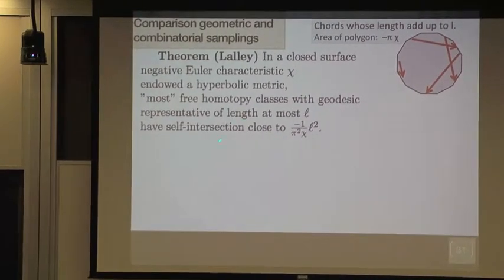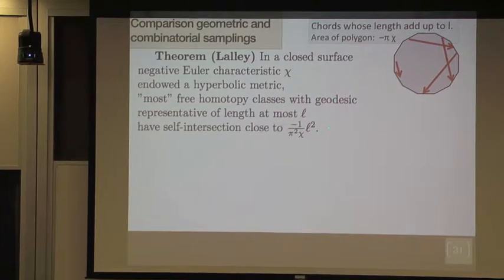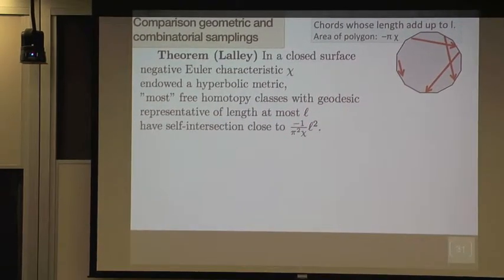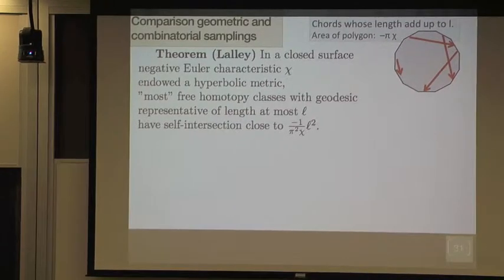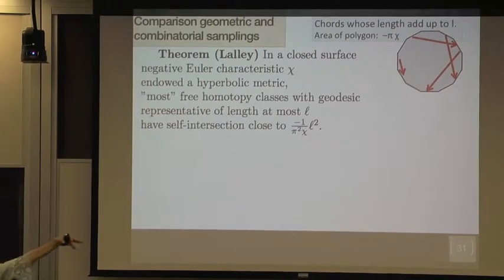What you get, when L is large, is L squared divided by a constant, pi squared times the Euler characteristic of the surface. And he also proved something neat, that the self-intersection points are equally distributed in the surface.